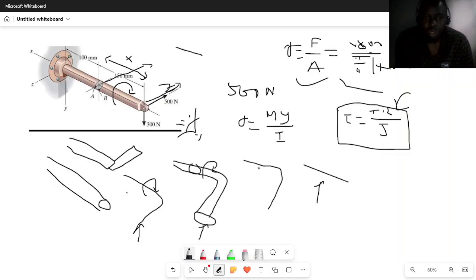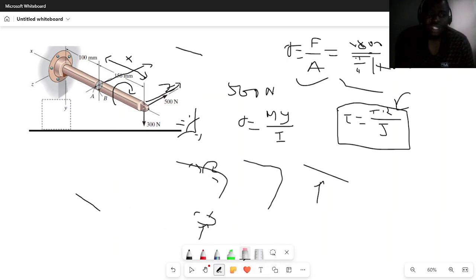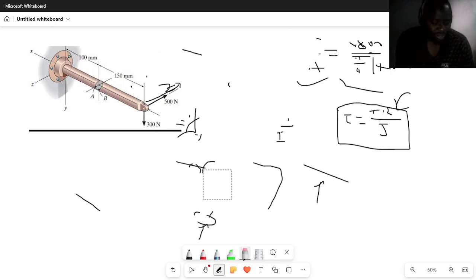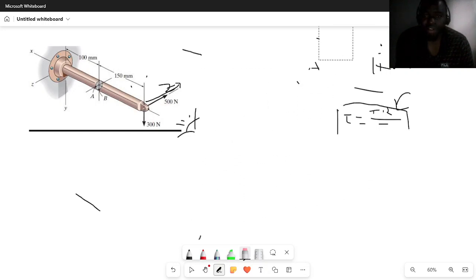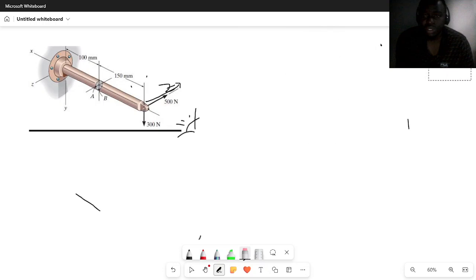Now, my good people, if I may erase, I said this question is easier. When I look at this problem here, I don't see anything challenging. I do not have a torque. This one is straightforward. Okay, let's do it quickly because this question is easy.